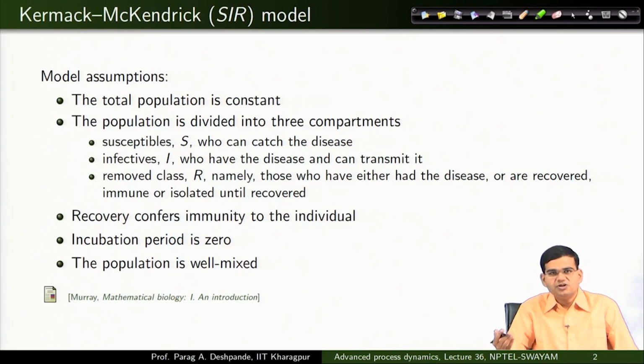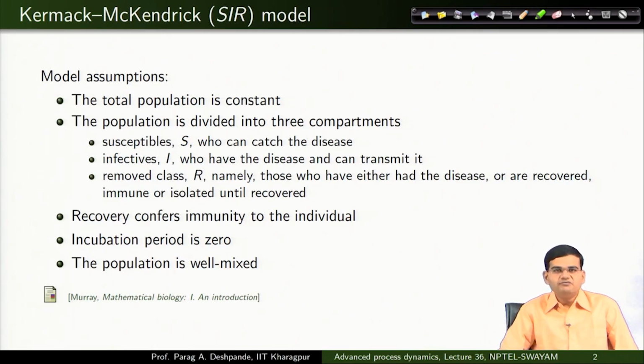There is no reason for not making this assumption. For certain diseases, for example, sexually transmitted diseases, this assumption may not hold true, that every single individual has the equal probability of spreading infection to every other individual in that particular population. So, for diseases like influenza or COVID-19, the assumption that the population is well mixed holds true.